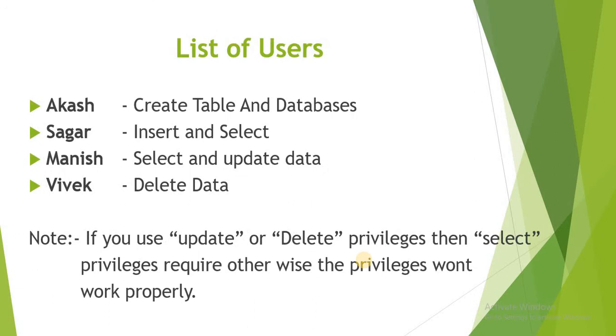Before switching, here is the list of users which I created. Now I am giving privileges: Akash only create privilege, which we use to create tables and databases. Sagar has insert and select privileges. Manish has select and update privileges, and Vivek has delete privileges.